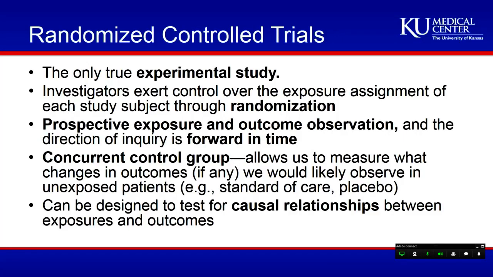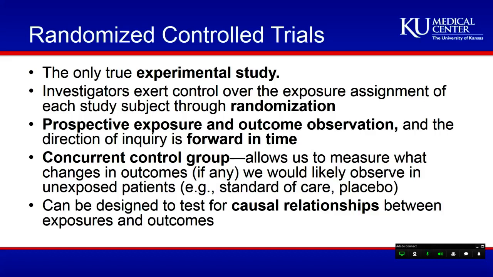So let's start with the gold standard so we can see how we peel back each of these individual parts. The randomized controlled trial is the only true experimental study that we perform in humans. The defining features of the randomized controlled trial, obviously, investigators are exerting control over how patients are assigned to treatments, preferably through randomization.